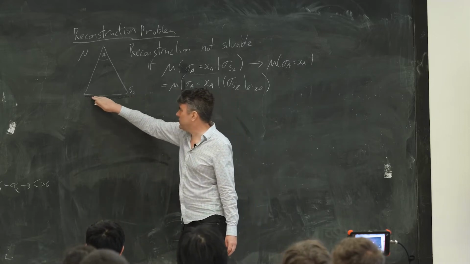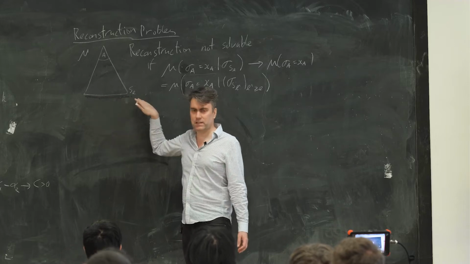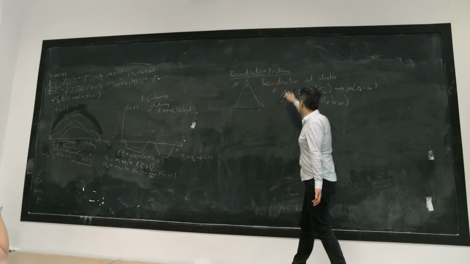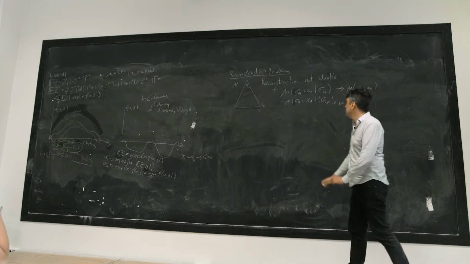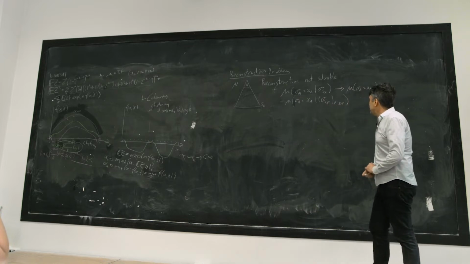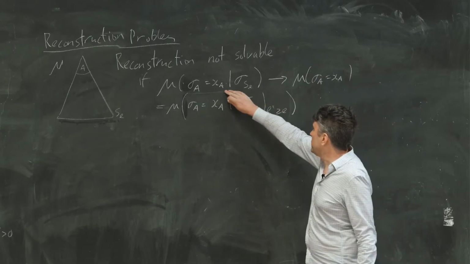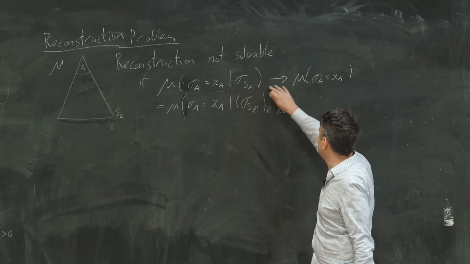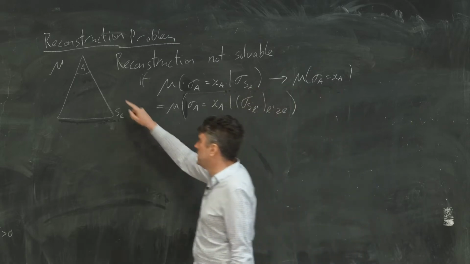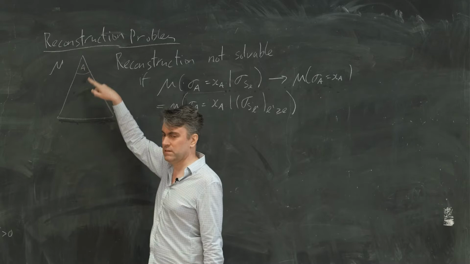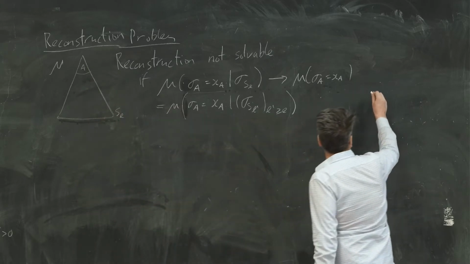Because the spins at level L are random, this is a random variable. And we say that the reconstruction problem is not solvable if this converges just to the marginal probability as L tends to infinity.